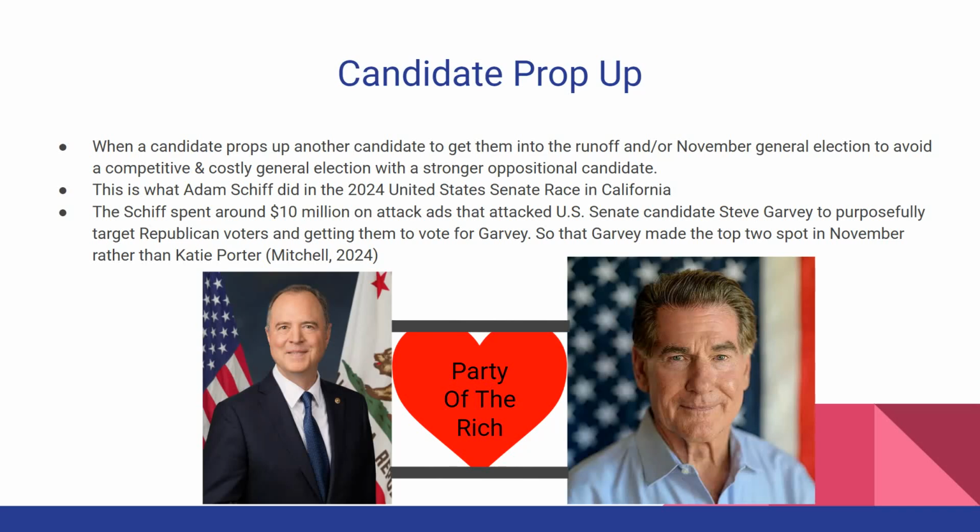So this sort of candidate prop-up, where a candidate spends huge sums of money, from thousands to millions to billions of dollars, just to prop up a token candidate to avoid a competitive and costly general election with a stronger oppositional candidate, this type of candidate prop-up favors the rich. It favors the wealthy establishment.